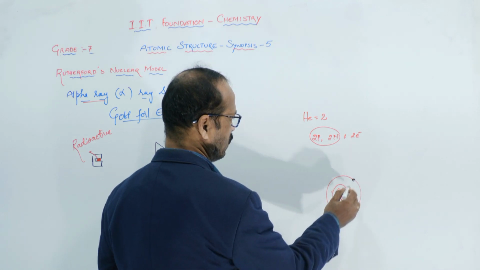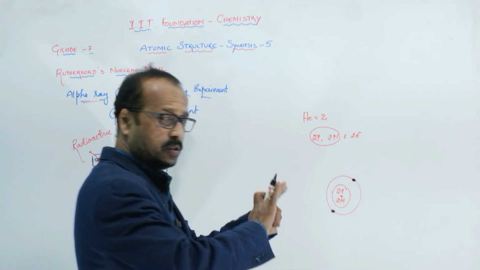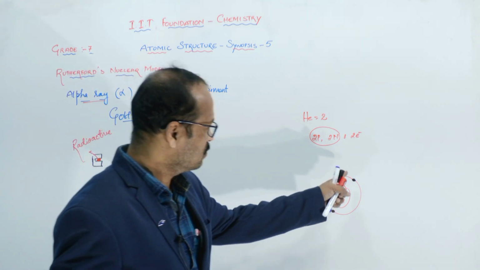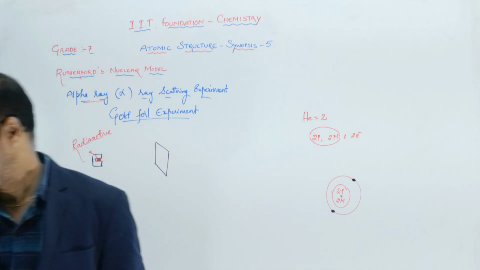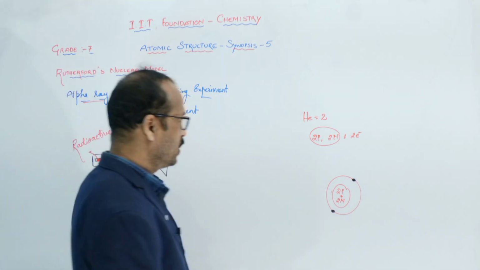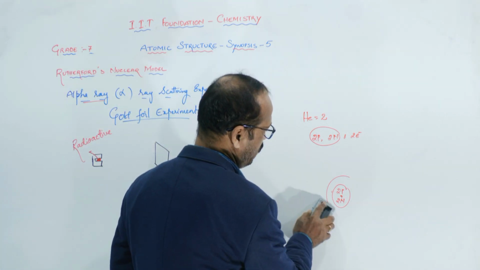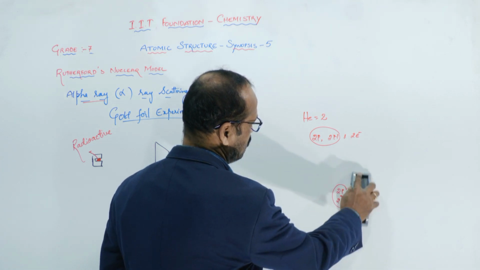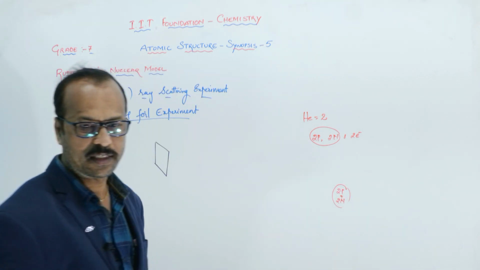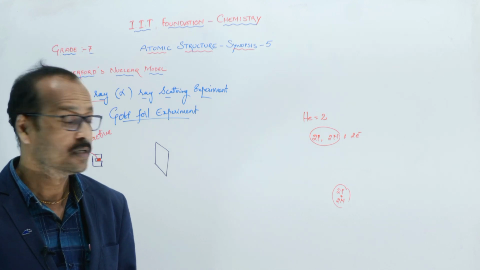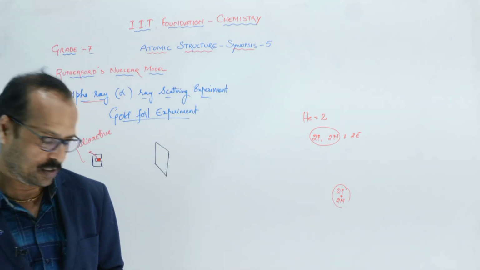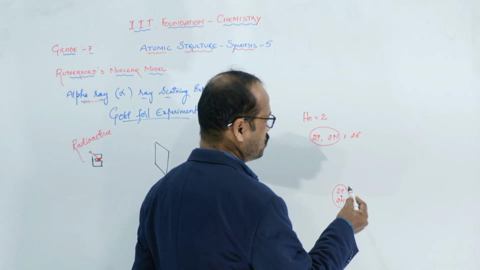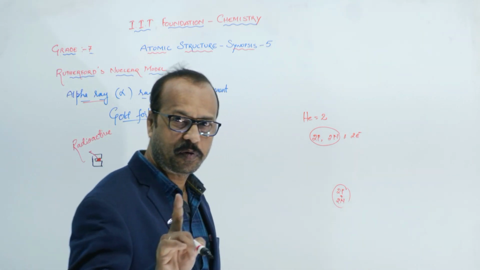Now if you remove the 2 electrons from the helium, then what is left? Only the nucleus is left. That is the helium nucleus. So the helium nucleus consists of 2 protons and 2 neutrons. And 2 protons means what? Each proton carries 1 unit of positive charge.